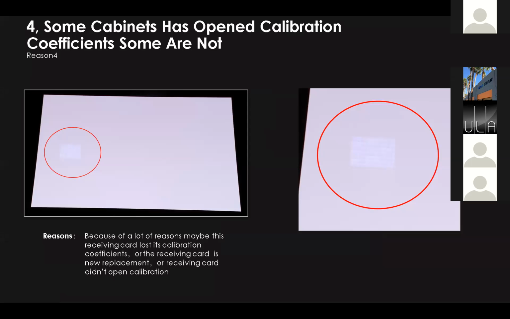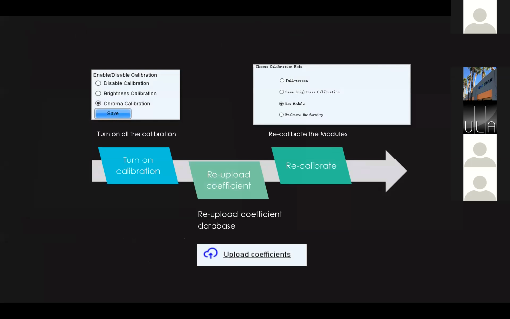And because of a lot of reasons, maybe this receiving card lost its calibration coefficient, or the receiving card is a new replacement, or the receiving card did not open calibration.